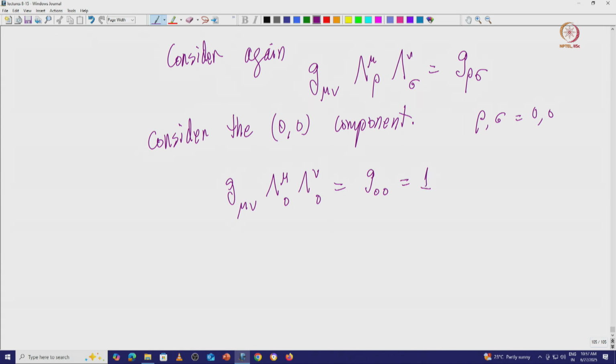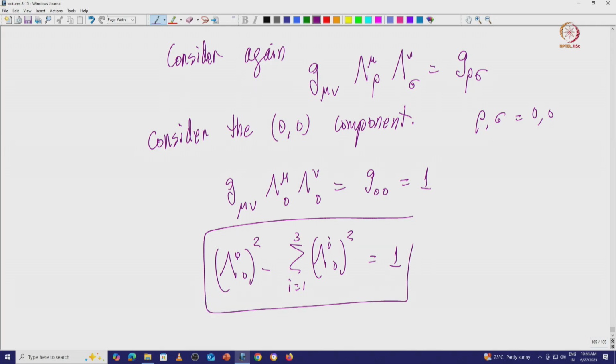So this gives me the condition that lambda 0 0 squared minus lambda i 0 squared is equal to 1. This is coming from here, just from here.